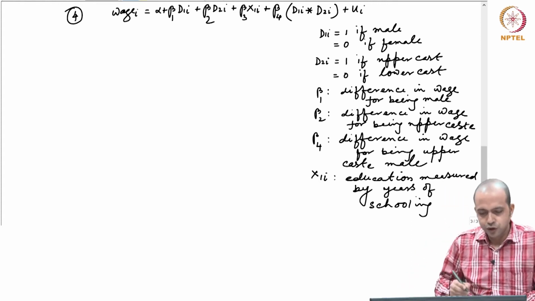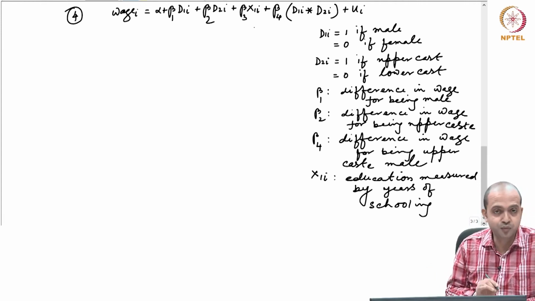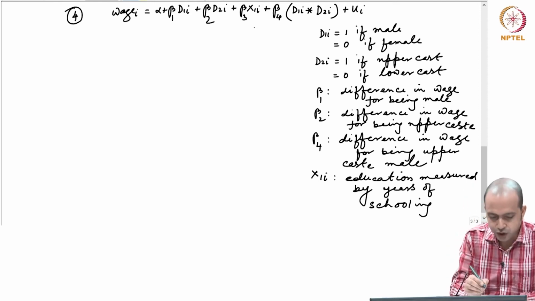Now what we will do? We will nicely derive the interpretation of beta 4, and this is a very, very important case. So please concentrate and think about this case carefully. So what I will do?